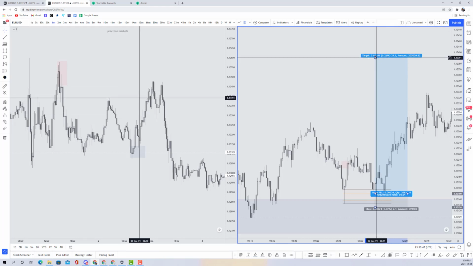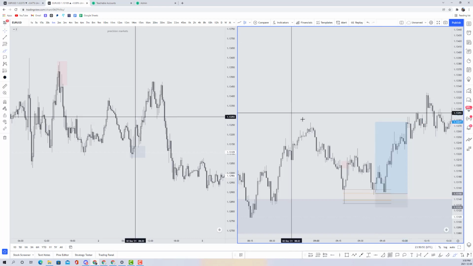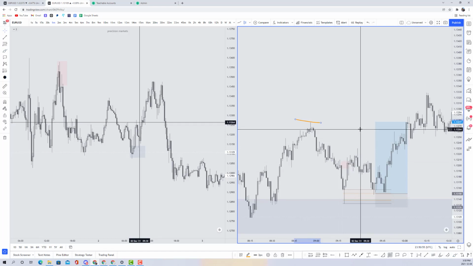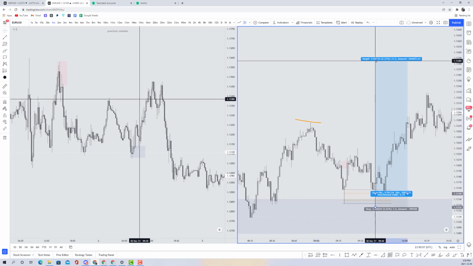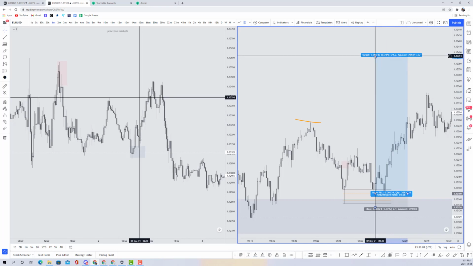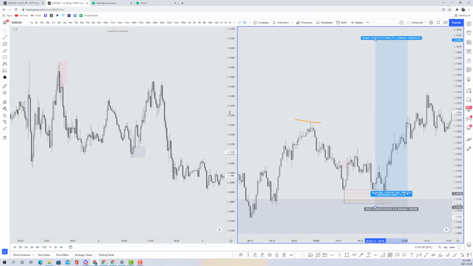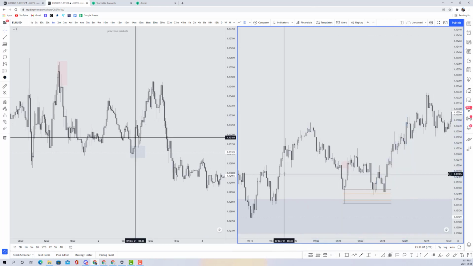For those of you that are a little more cautious and maybe have a hard time holding, it might not be a bad idea to take 30% partials here and let the rest run here. And then you can close 80% of your remaining position out here and then let the rest run to the next supply. That would be just how I manage this. Again, this is totally up to you.